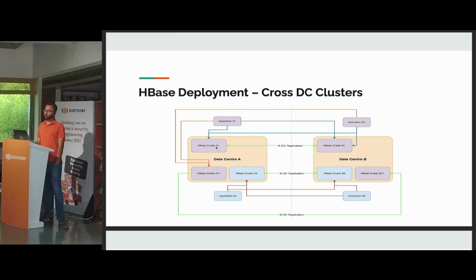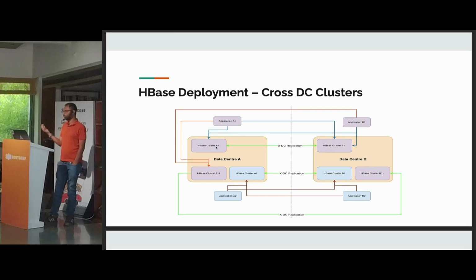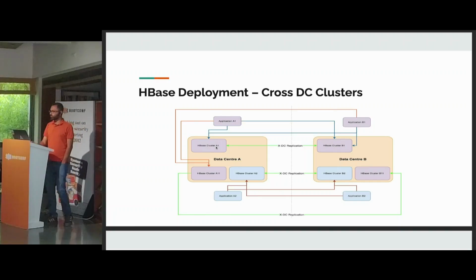Then in that case, your requirement comes that you want your database to be also available in both the DCs. So similarly here, application A1 talks to cluster A1 and cluster B1. So maybe there's a connection set up, not talking right away, or talking for getting some data, or whatever it is, the connection is there, right?